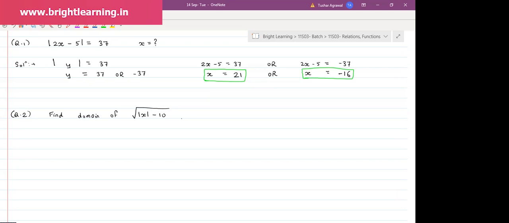In order to make this a function, you will have to remove all the problematic points. So just remove all the problematic points and make it a function.